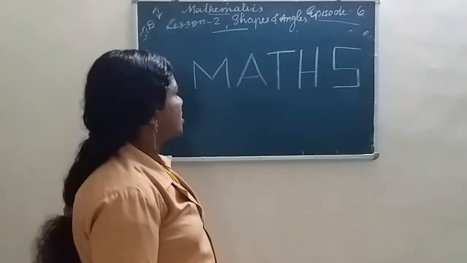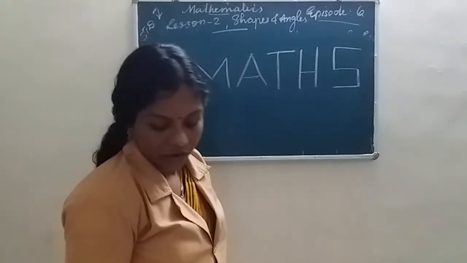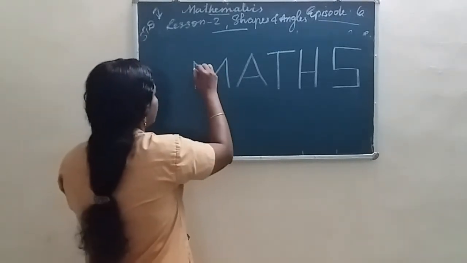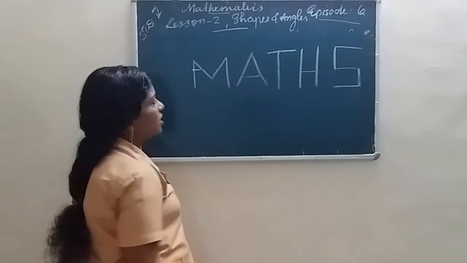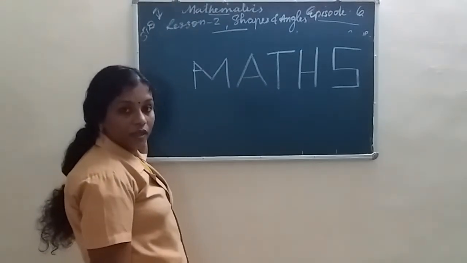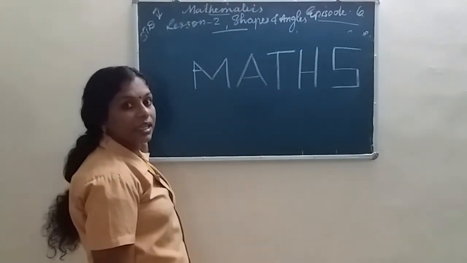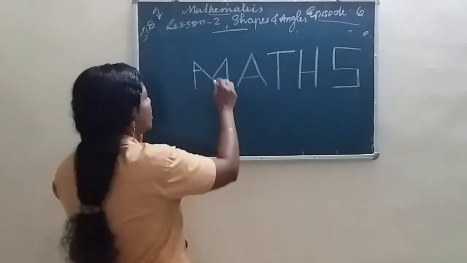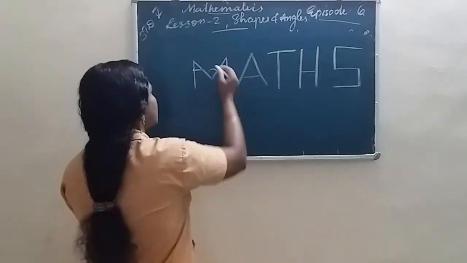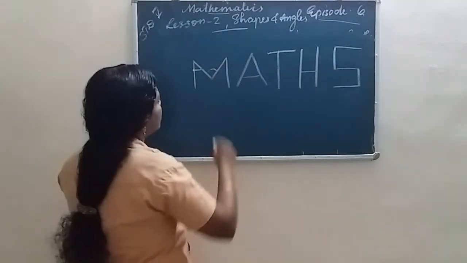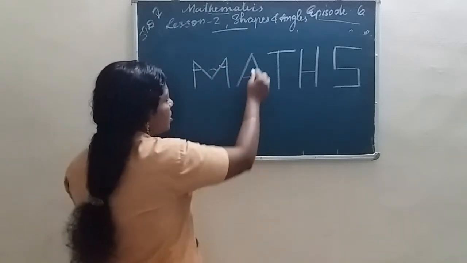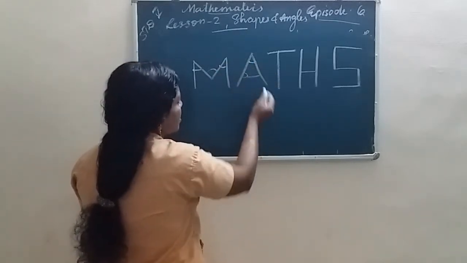What type of angles are these? Can you find out? The first one is here, an angle. Which type of angle is this? Less than, that is an acute angle. Here is also, it's also less than. Next, it's also less than. Here is less than, and here is less than.